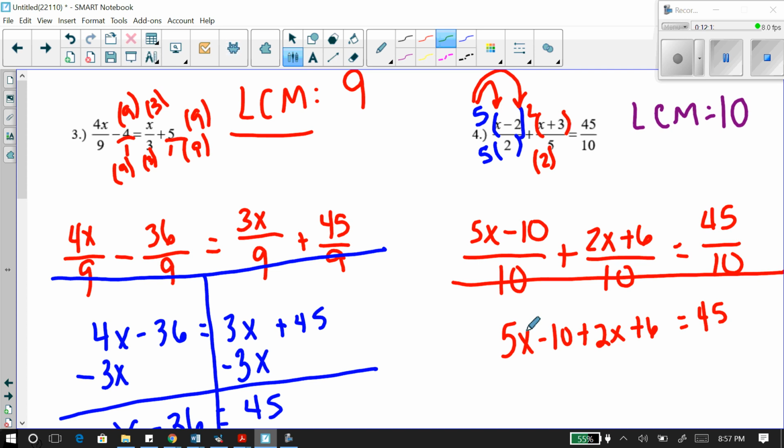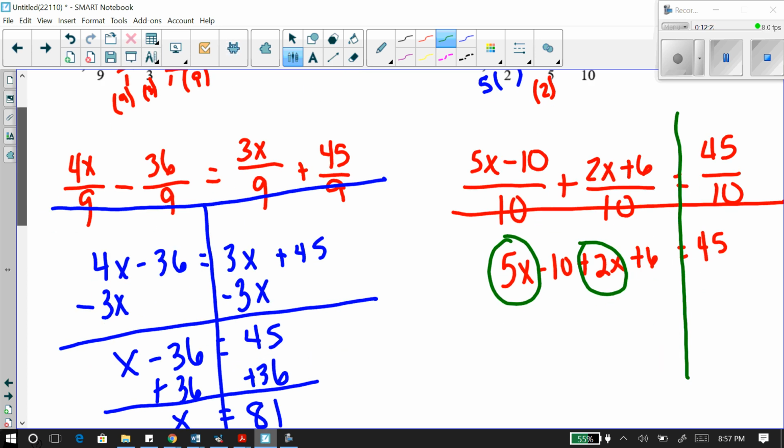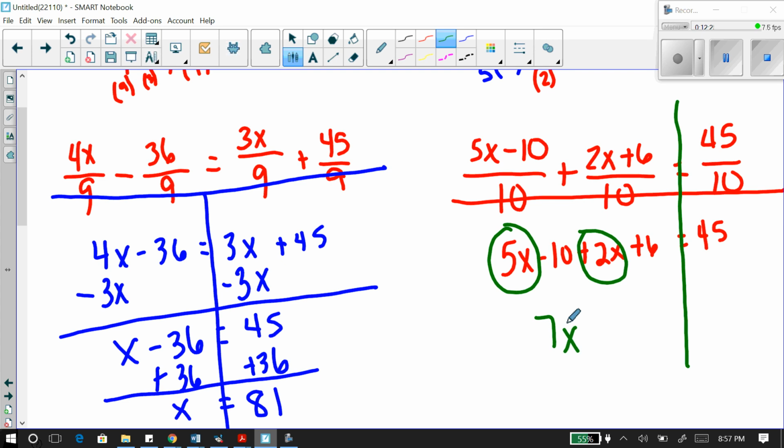And let's go ahead and solve. I'm going to combine my like terms. So 5x plus 2x gives me a 7x. Negative 10 plus 6 is a minus 4.